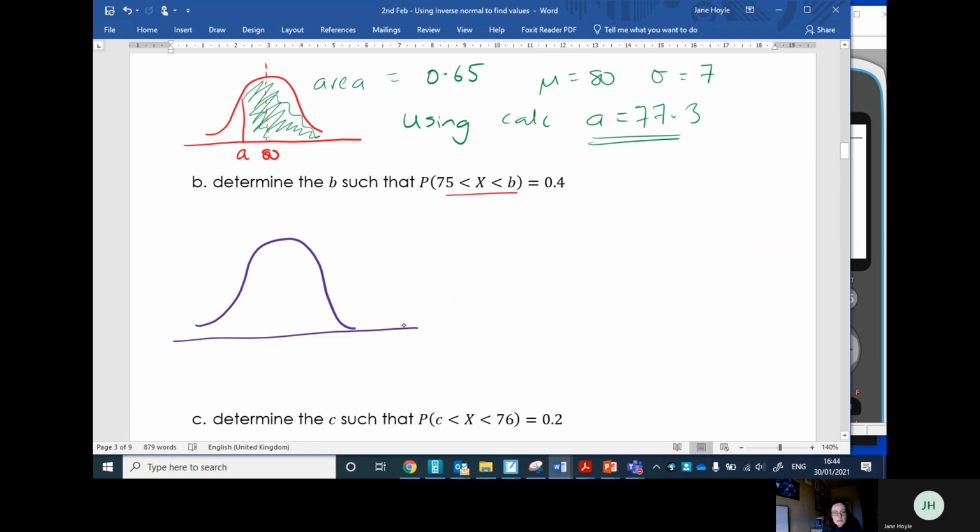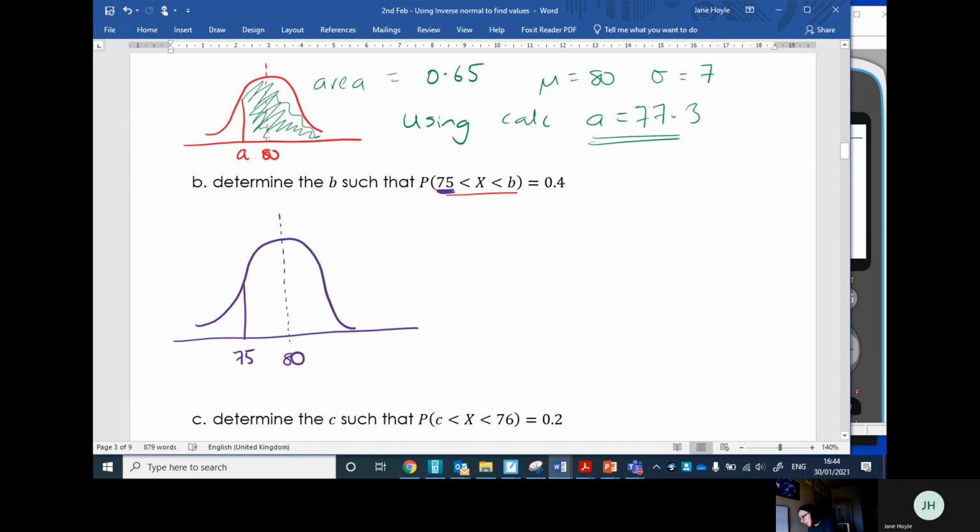There's my axis, and my mean is 80. Now, one of the values I'm thinking about is 75. So 75 is the left-hand side of the mean. So let's draw a line down there at 75.